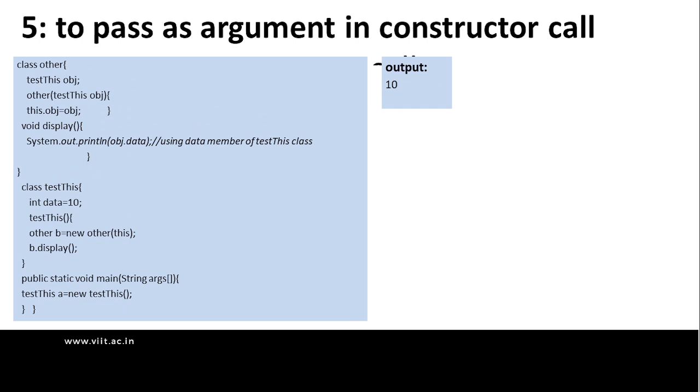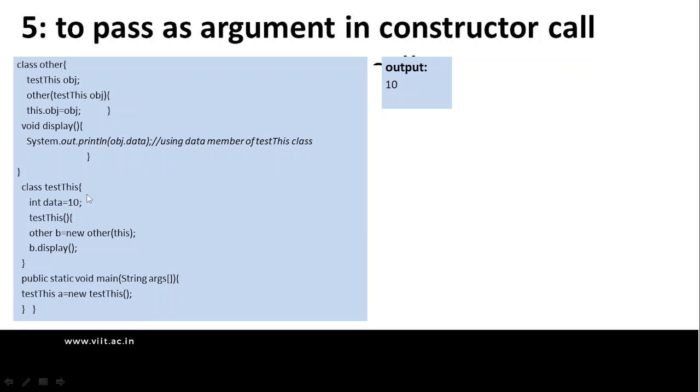Then, to pass this as an argument in a constructor call: class Other, TestThis object; this.object equals object, which means we can assign the current object or local object to the global object. In display, System.out.println(object.data).